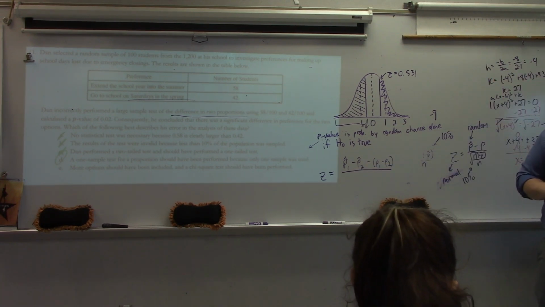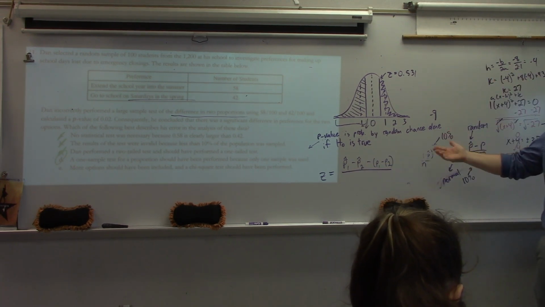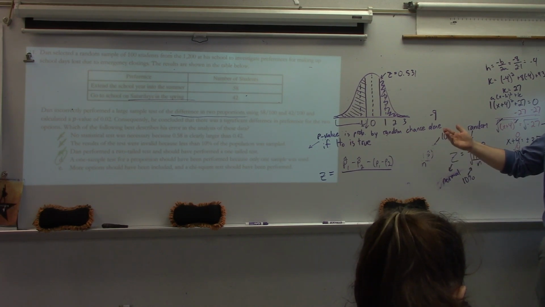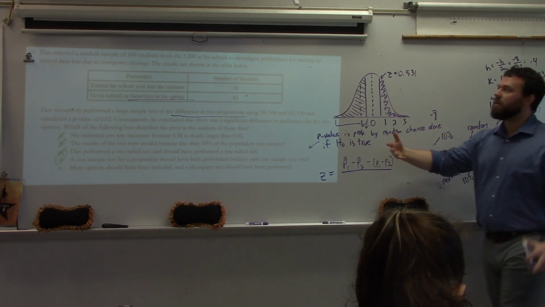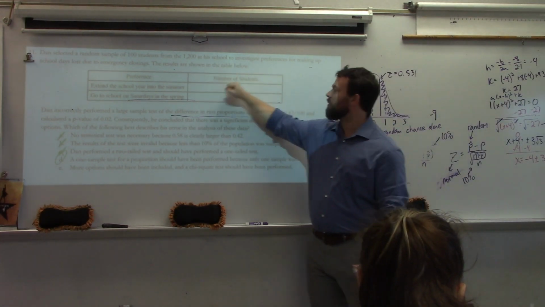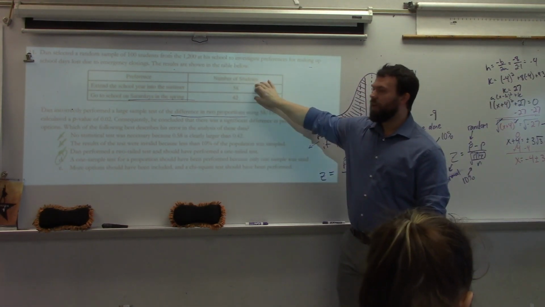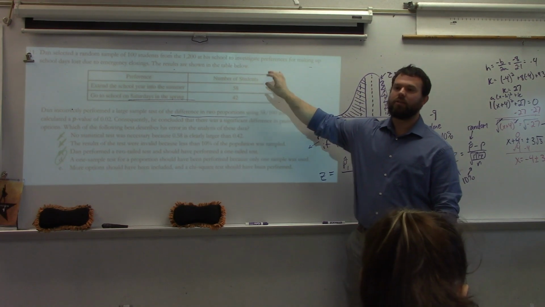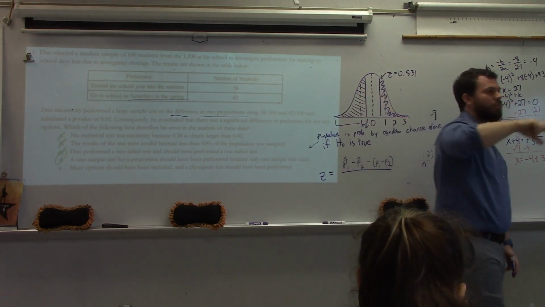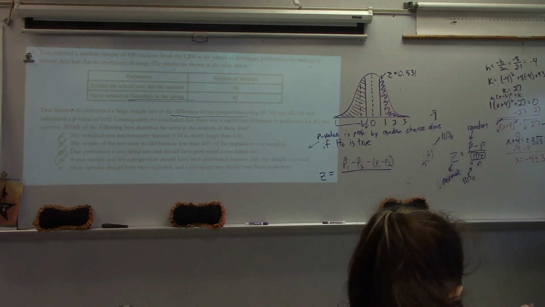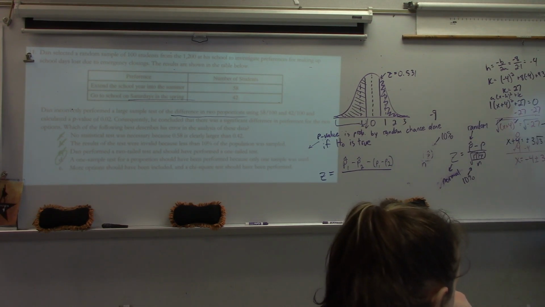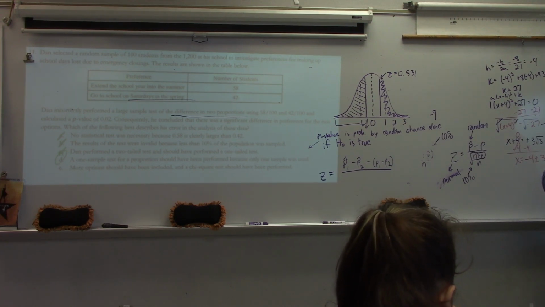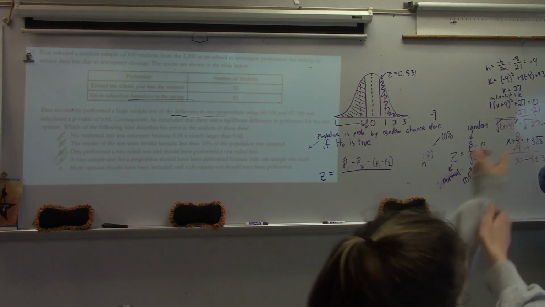But he did a two-prop z-test. Did he actually have two independent samples? No. It was how many samples? One. This percent came from the same sample. Those are not two independent random samples. When you do two sample stuff, those samples need to be random, but they also need to be independent, right?